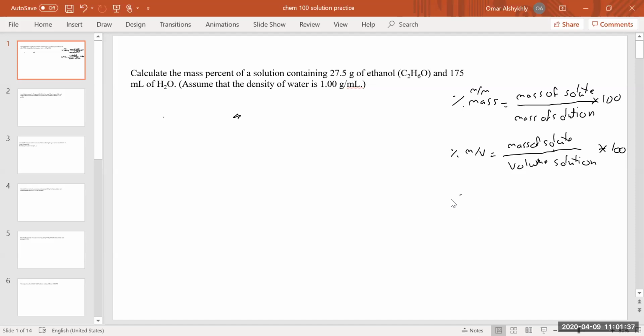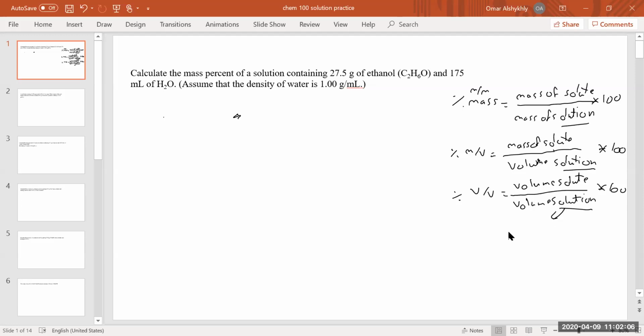And also the volume per volume percentage will be volume of solute divided by volume of solution, and also times 100.